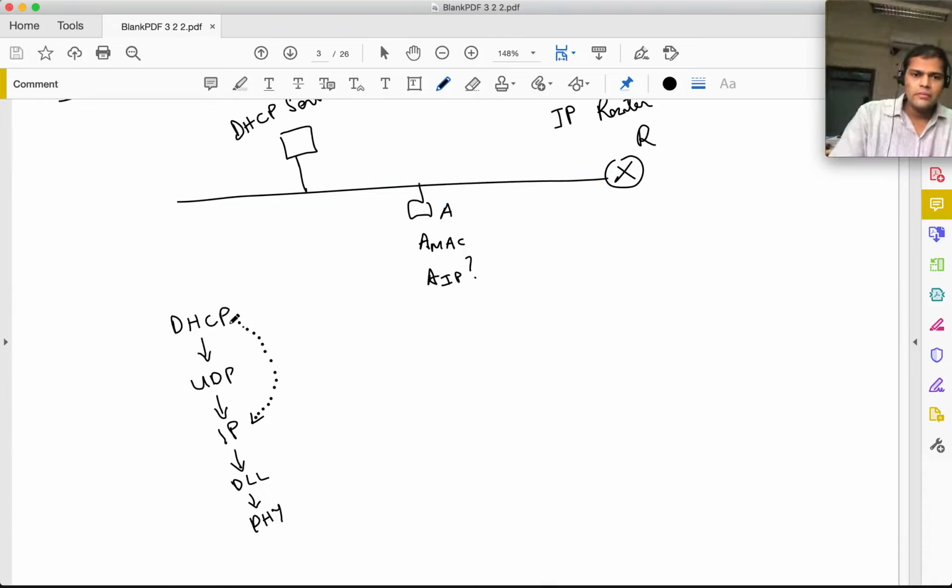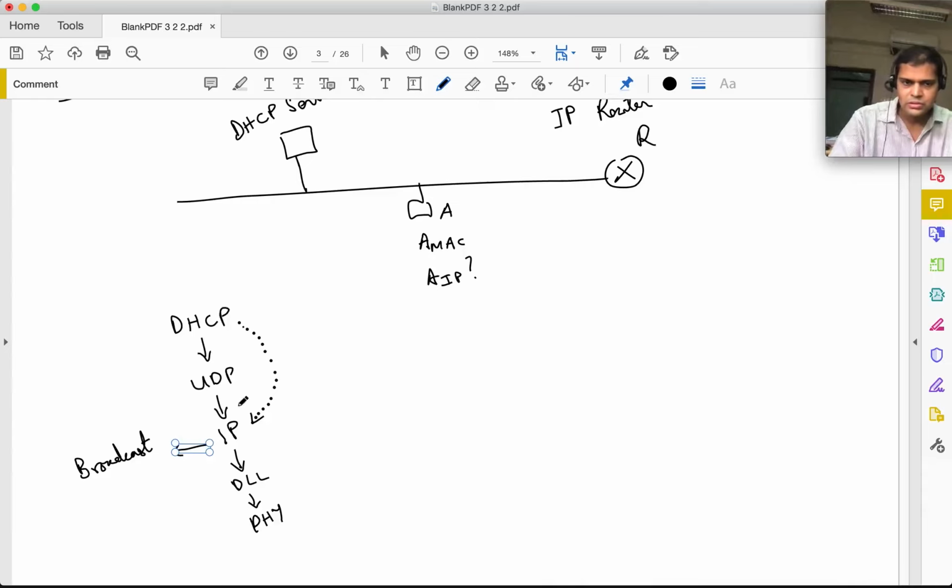So what are we going to do? We are going to send out a DHCP packet. We have no idea who the DHCP server is, so of course we'll have to use broadcast. We don't know the MAC address or the IP address of the DHCP server, so we would have to do broadcast at the IP layer, because DHCP is sitting on top of IP, so everybody potentially should be able to get this packet.